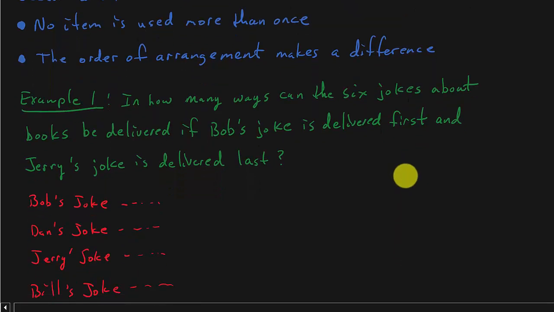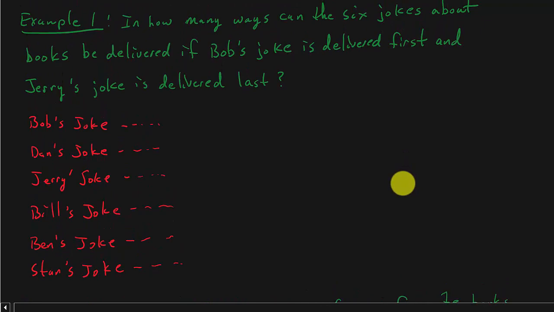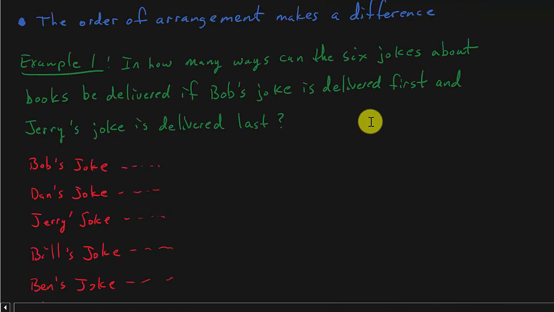All right, so let's look at example 1. It says, in how many ways can the 6 jokes about books be delivered if Bob's joke is delivered first and Jerry's joke is delivered last?